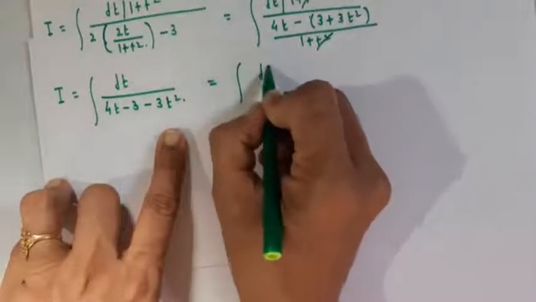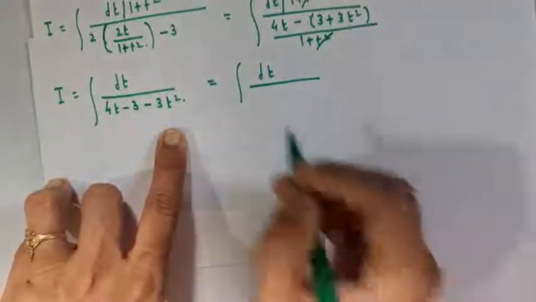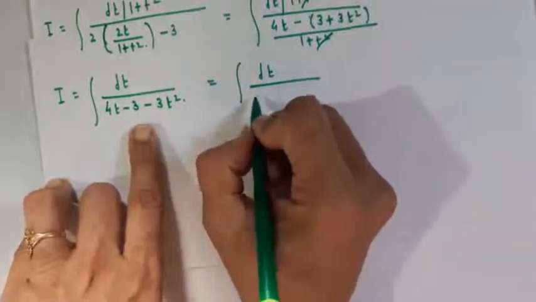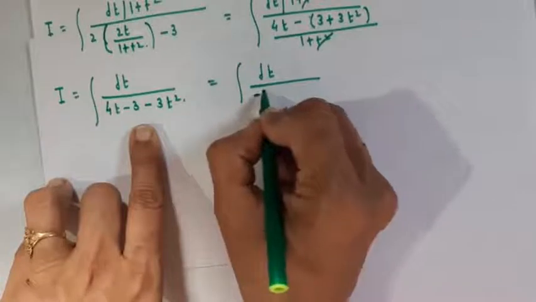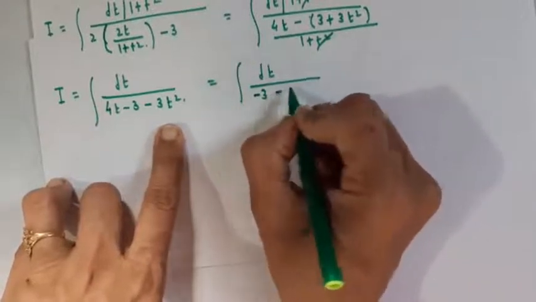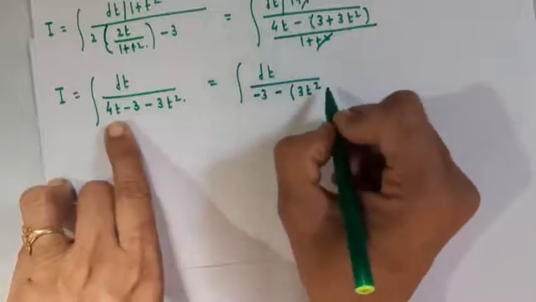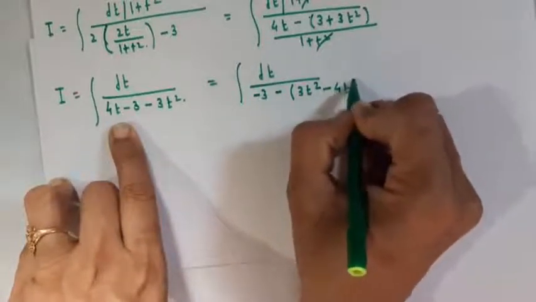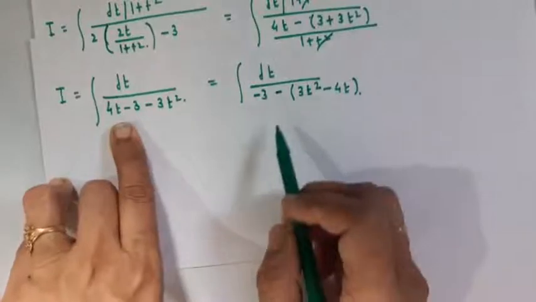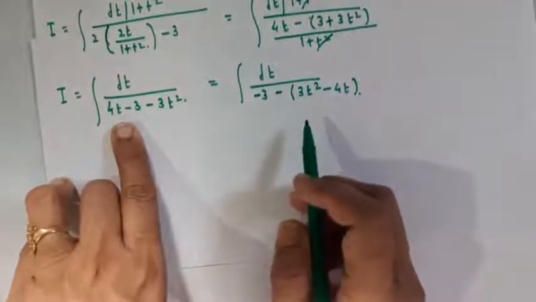At the denominator we will get the integration of minus 3t square minus 4t, with the negative sign outside. Okay students, in this way we have to solve.